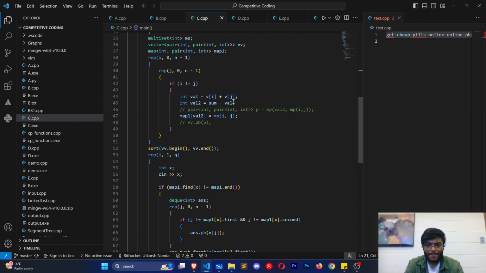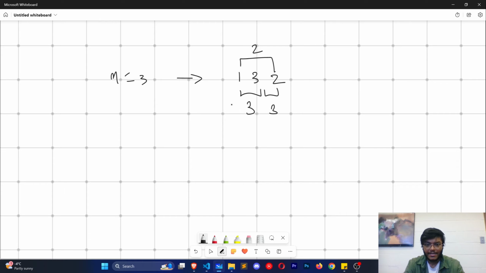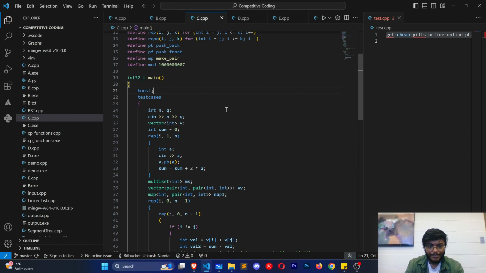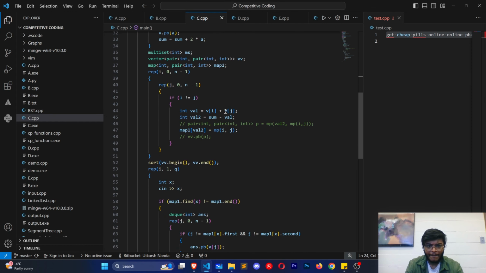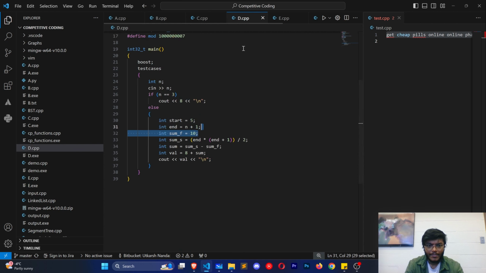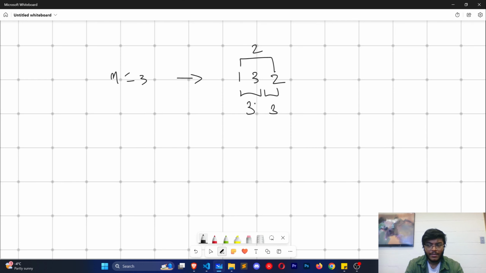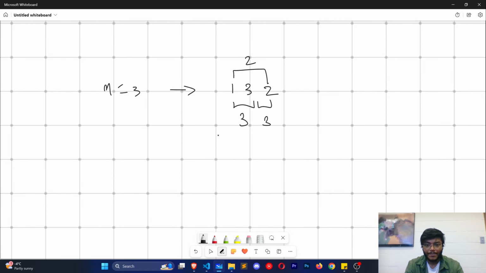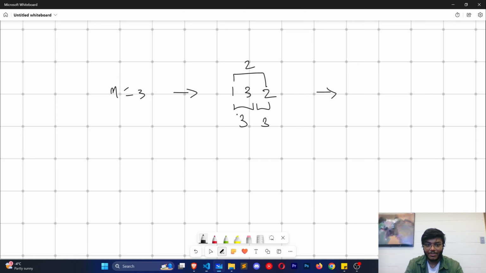And then in this particular one, if we see carefully, the total sum is, in this particular one I just saw a pattern, and I just did a mathematical calculation and that was able to solve the problem.